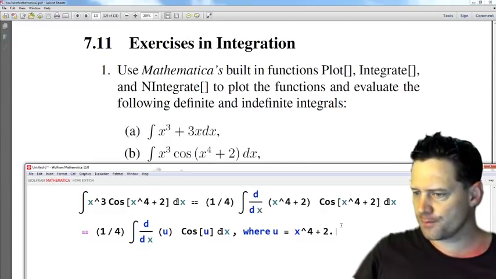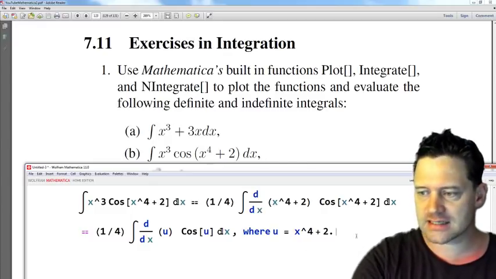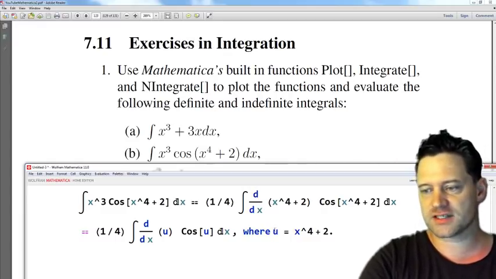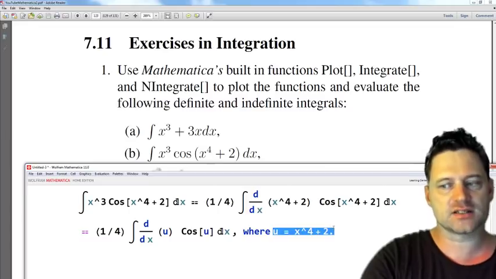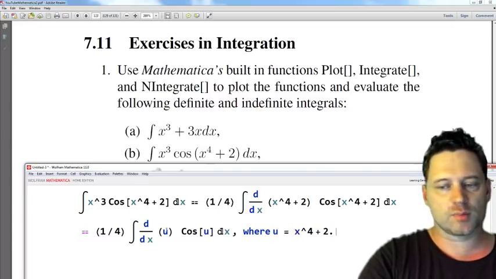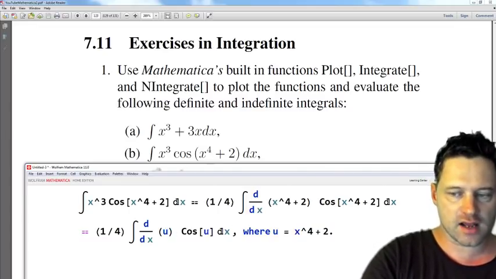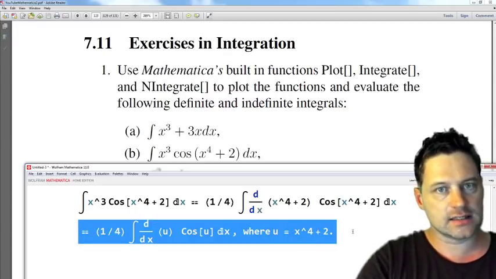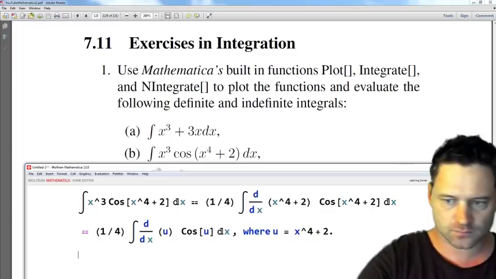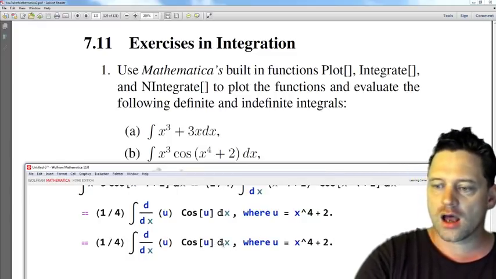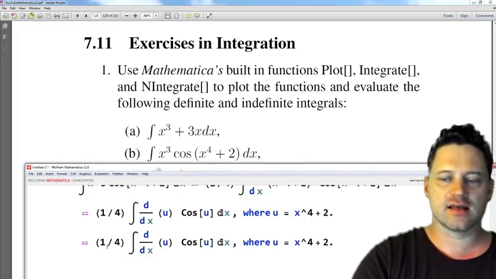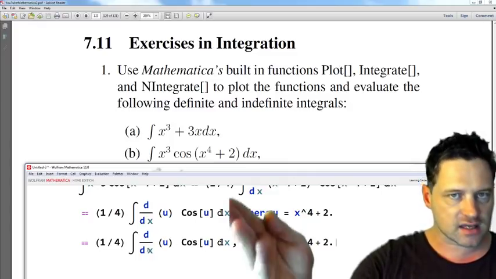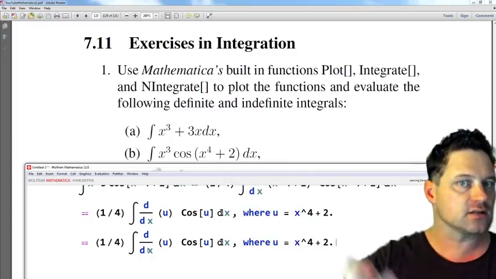Okay, so right now let's consider the substitution part of this. So we've said U equals x to the fourth plus 2. All right, we've replaced that U there and there. Now, since we're using Leibniz's notation, it reminds us that this is actually equal to, because I'm thinking if these were fractions, I would cancel a dx, right?